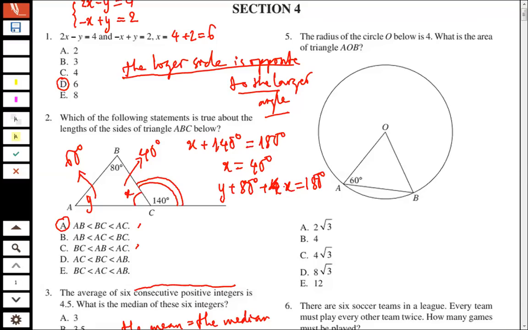We continue with question number 5. The radius of the circle O below is 4. What is the area of triangle AOB?